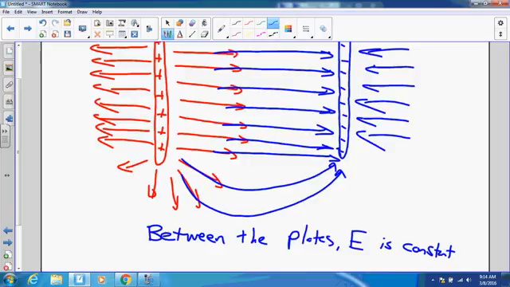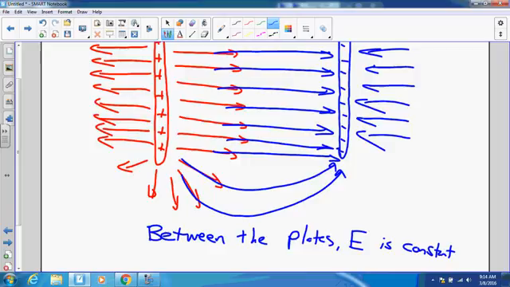Just as weight equals mg, so also between the plates, force will be equal to qE, and E will be a constant number instead of some function of distance. That means that inside here, charges that are released are going to experience a constant acceleration. This way if they're positive, to the right if they're positive, and to the left if they're negative.